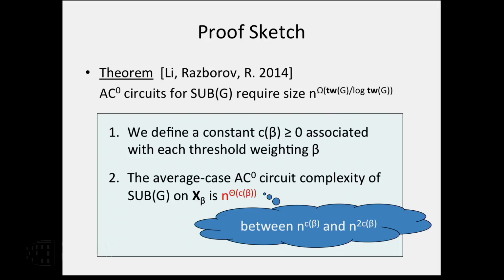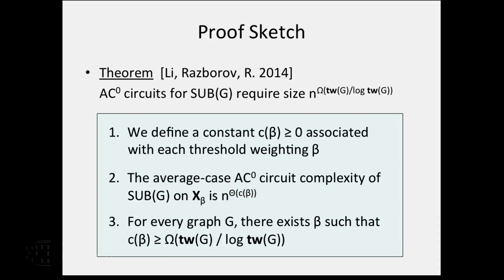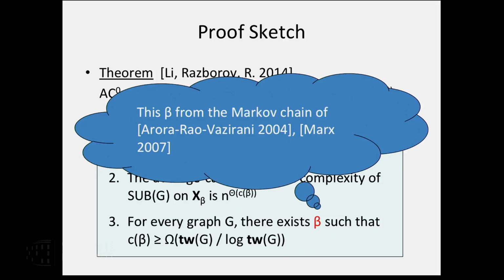So this parameter is really characterizing the average case complexity. And then the third step is showing that for every graph G, there exists some threshold weighting with the property that this C of beta is at least the tree width over log tree width. Now if you combine the lower bound from step 2 and step 3, we get our theorem. Okay, so that's how this goes.